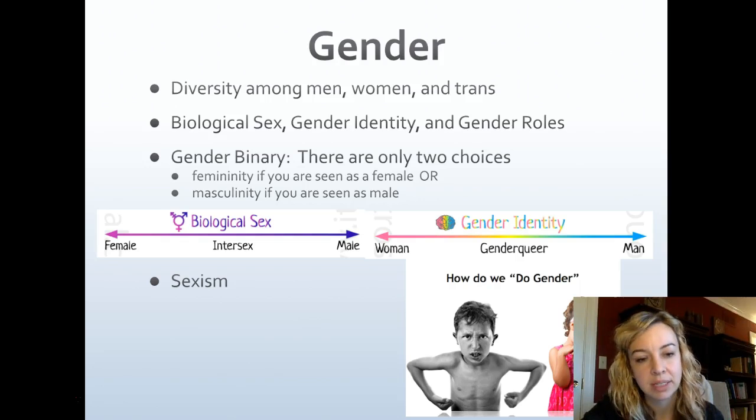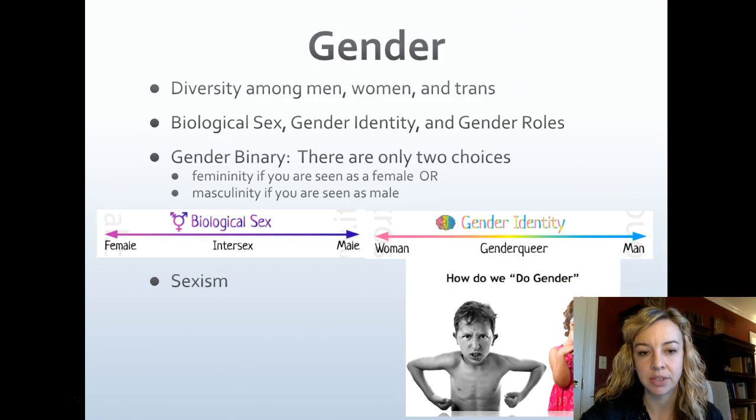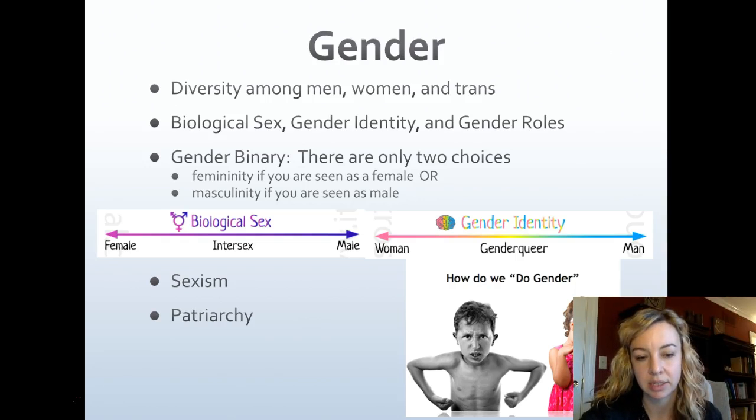And I'll bring up sexism here. This is the belief that those things that are masculine are more valuable than the things that are feminine. And so depending on where you are within these spectrums, you might be more or less valued. And so how you interact with your own gender or your own biological sex might depend a little bit on the value that the culture or the society places on it. And I already discussed patriarchy a little bit, which is that system of valuing the masculine more than the feminine.